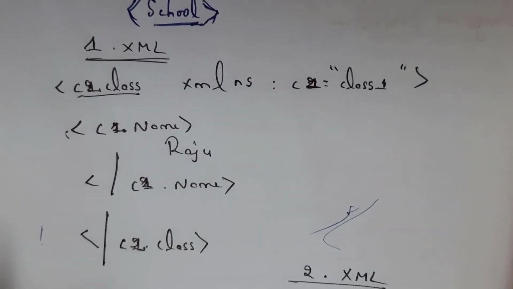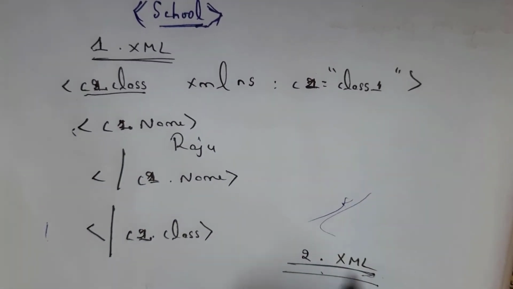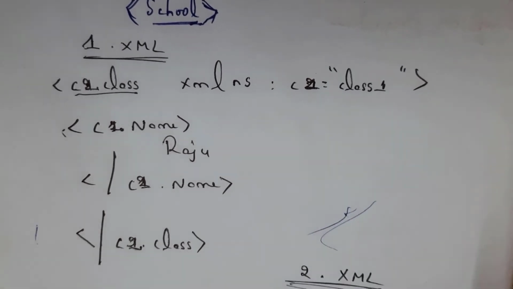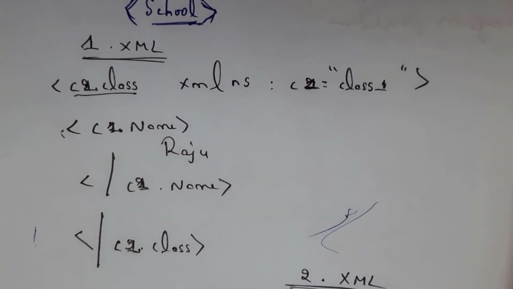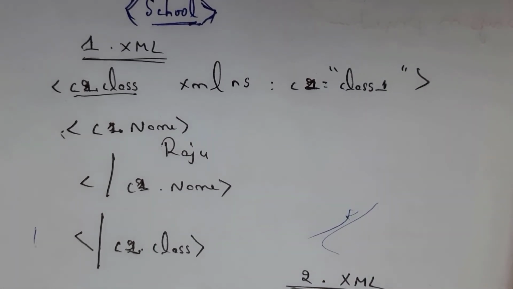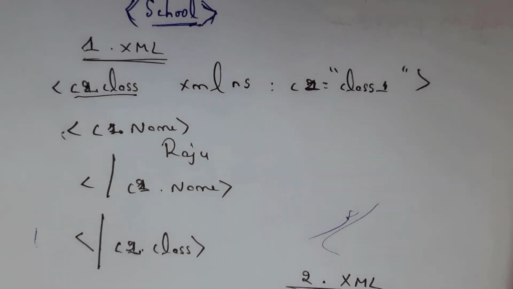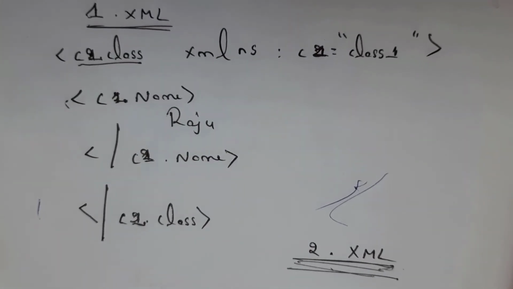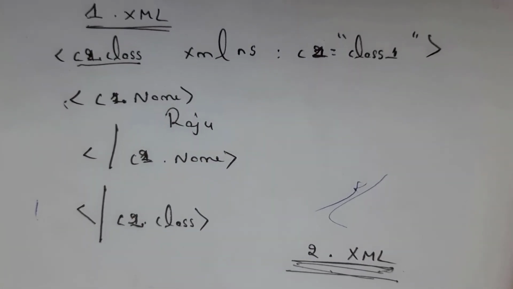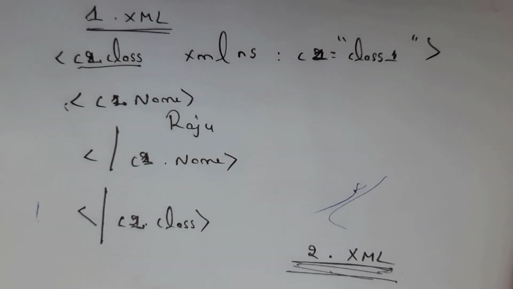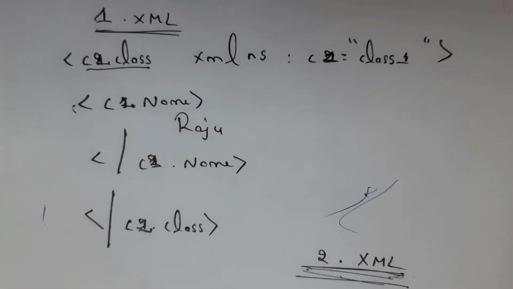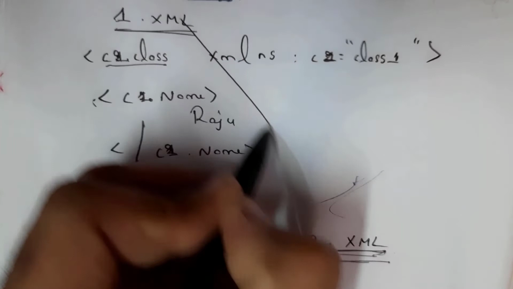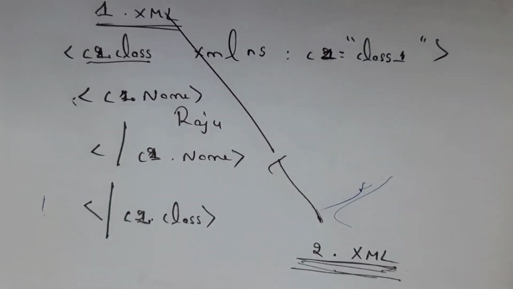This is an example of the 2.xml document. When you combine these two documents there is no conflict, because this XML namespace removed the conflict by changing the names of elements. If you combine these both documents there is no error.